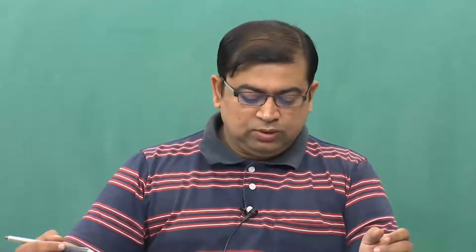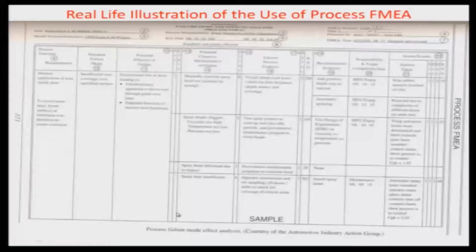Okay. So let's now understand. What I'm going to do here is to look at this particular FMEA sheet, which you can see here in this particular slide, and we are going to understand this by some diagrammatic representation, which I'm going to draw in the next slide, diagrams to understand the FMEA chart.